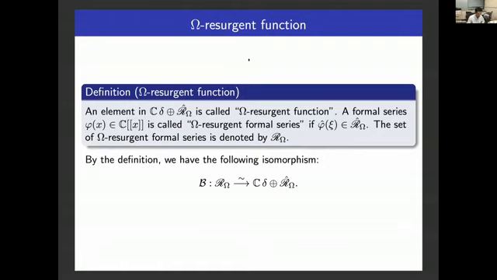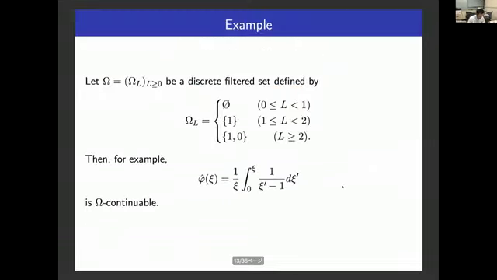By the definition, we have the following isomorphism, which follows by the definition. In this way, we define Ω-resurgence for a discrete filtered set Ω. Let us consider an example given here. Let Ω = {Ω_L} be a discrete filtered set defined by this formula here.